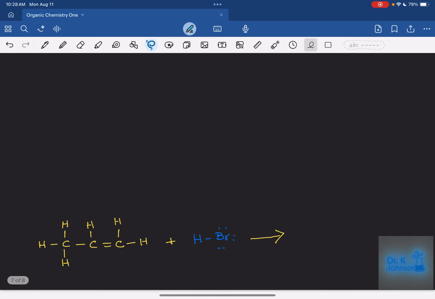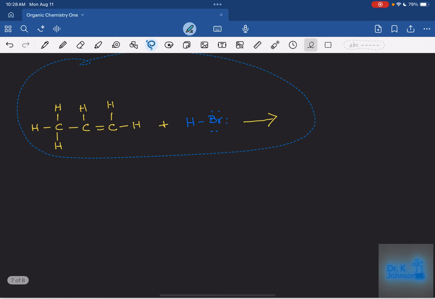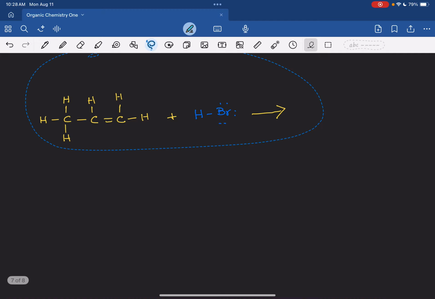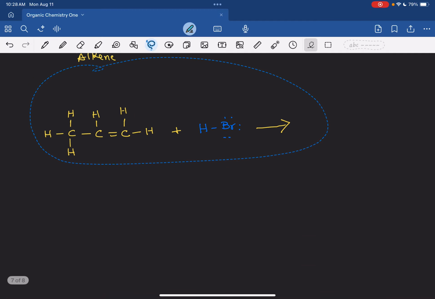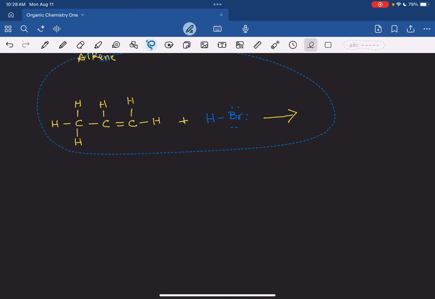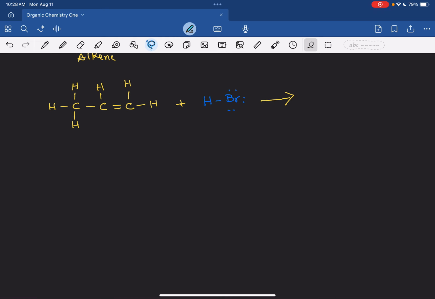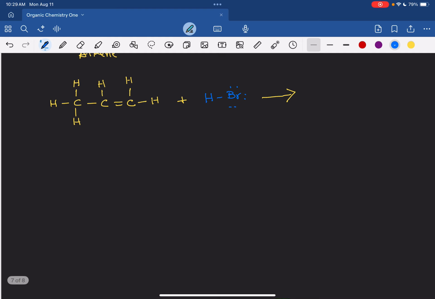So let's bring up this reaction. Once you have an alkene that is asymmetric, you now have to consider where to put the hydrogen and where to add the bromine. Now, firstly, let's establish that we have an asymmetric alkene.